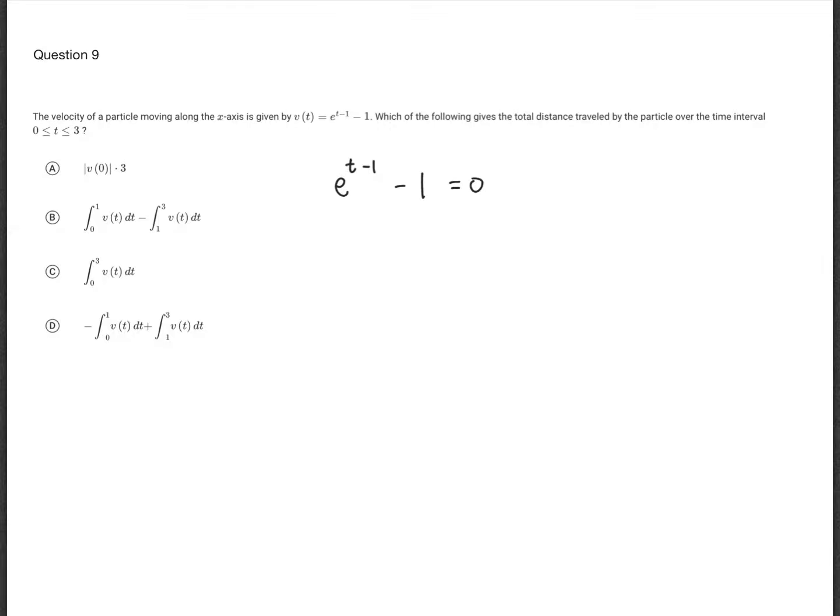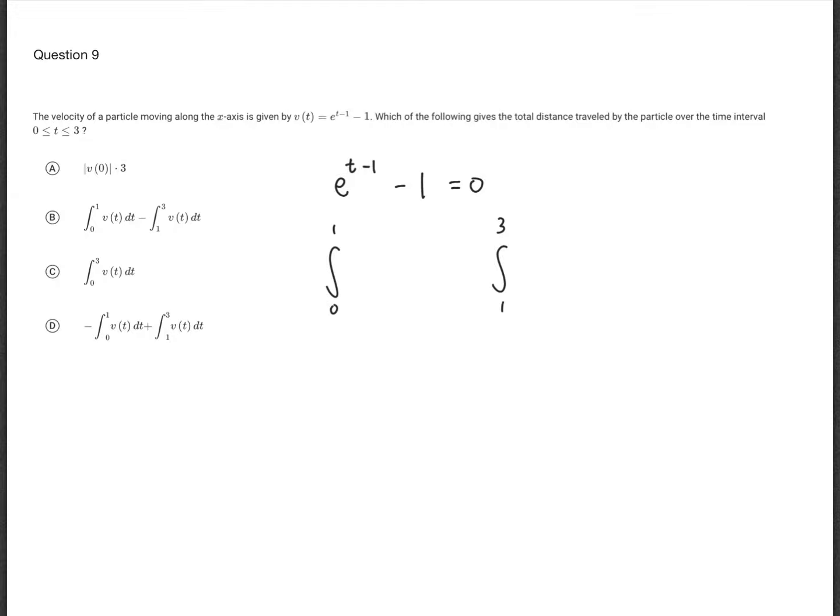So t equals 1 is kind of the cutoff, and this is an exponential, so this always increases. When t is bigger than 1, this will be bigger than 1, so this will be positive. When t is less than 1, this will be negative. So 1 is the cutoff, and so here I'm going to split this, 0 to 1, and then from 1 to 3.